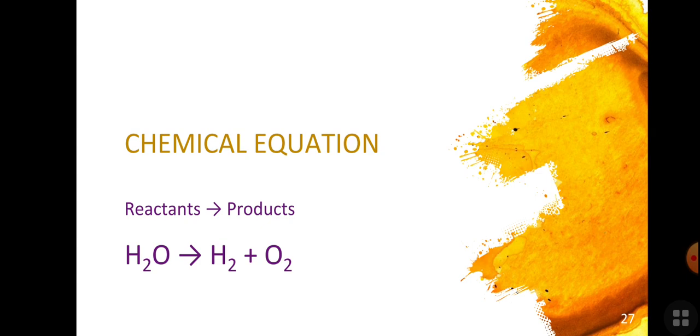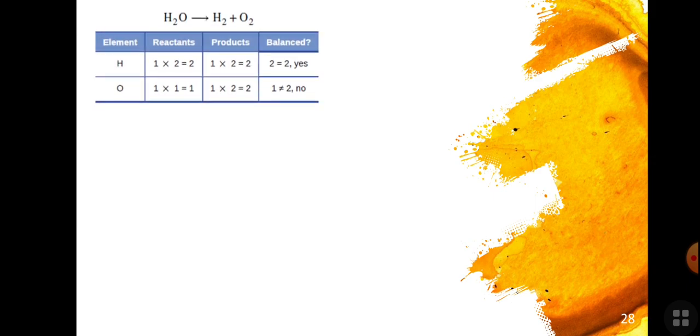So we need to balance it by putting coefficients in front of each component. For example, our given chemical formula, H2O produces H2 and O2. Let's put it in a table so you can see the difference.